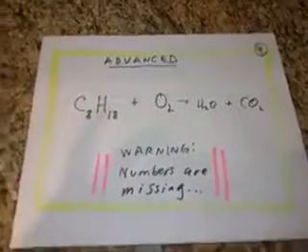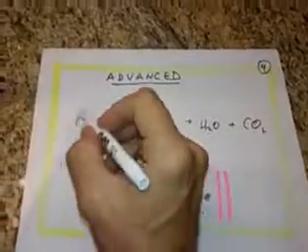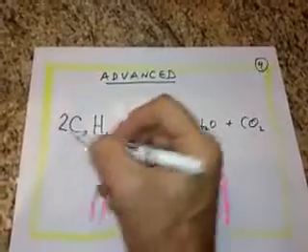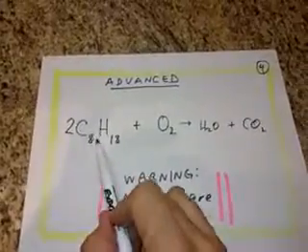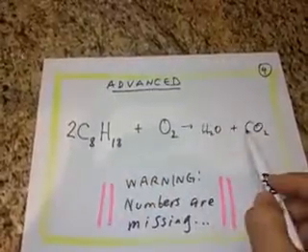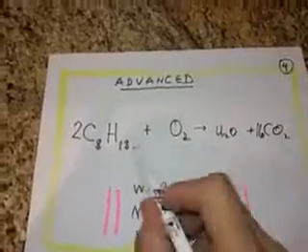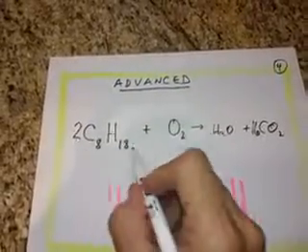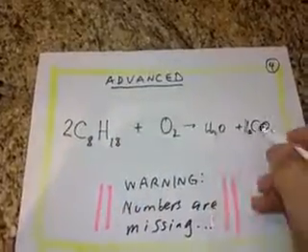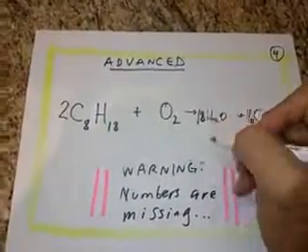So to review, what we had to do, we had to double this, put a 2 here. Because we doubled it, this became 16. So I'm going to put 16 on here. This became 18, right, times 2, which is 36. There we are. So I put an 18 here.